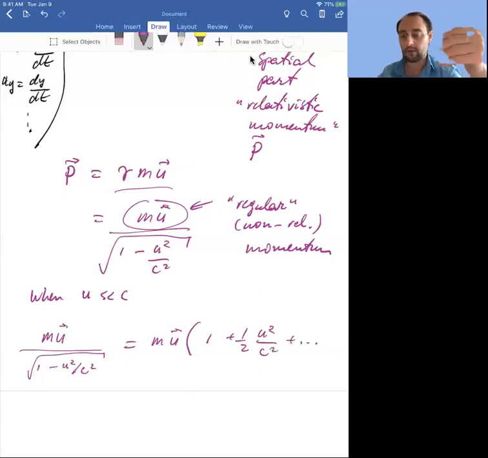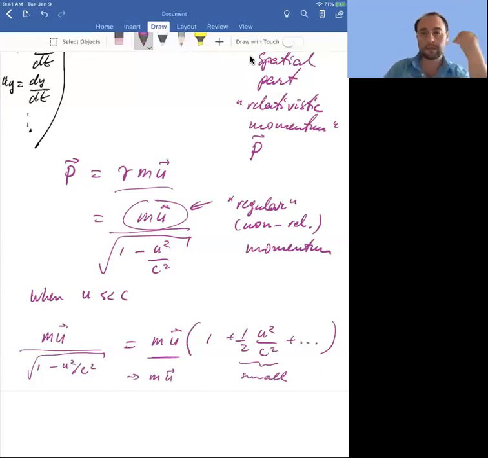They're smaller and smaller if u is much less than c. And we see that this is small, and this just approaches regular momentum. So that's the first justification for why we call this object relativistic momentum. It nicely reduces to ordinary momentum.